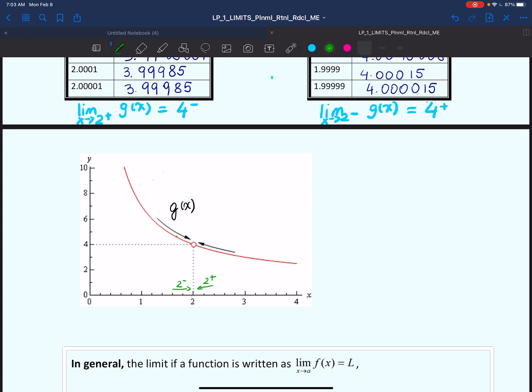So in this case, we are going to say that the limit as x approaches number 2 from the left for function g(x) equals the limit as x approaches 2 from the right.